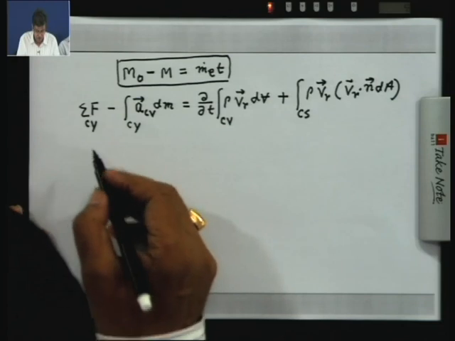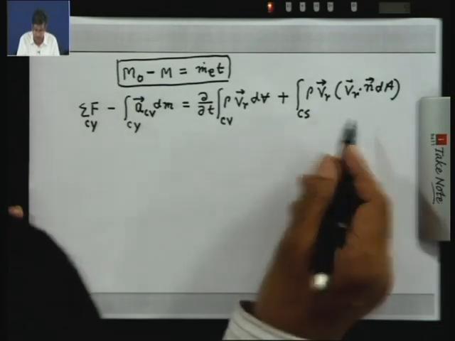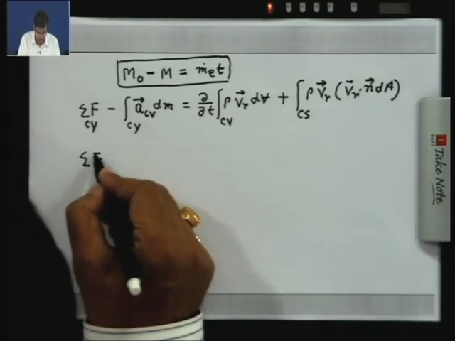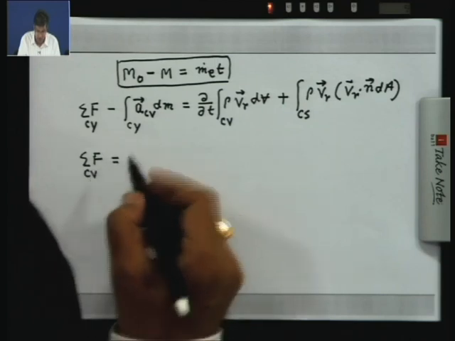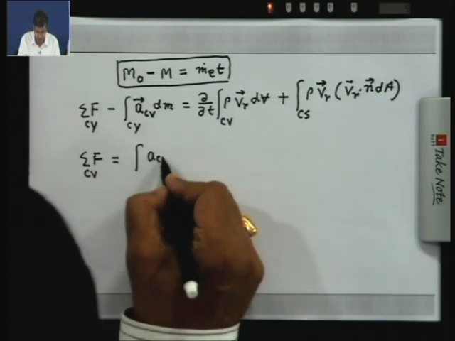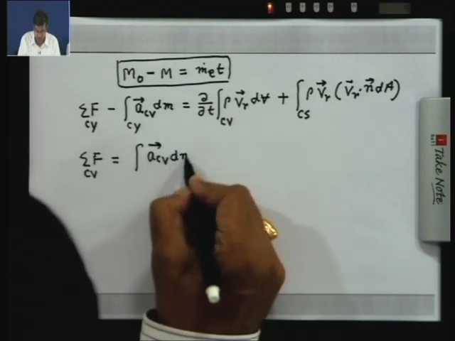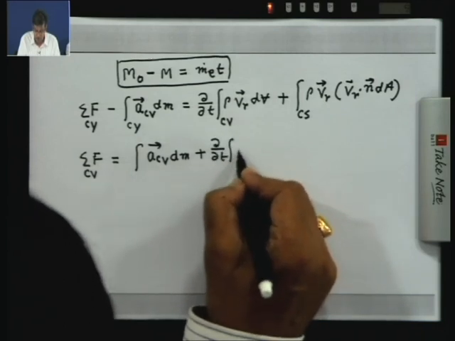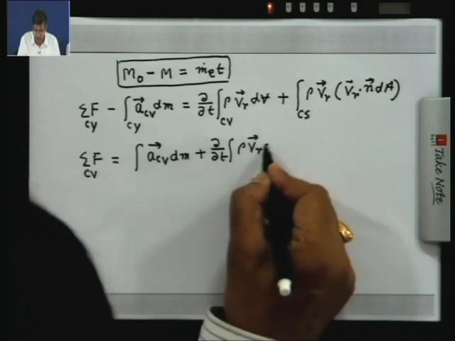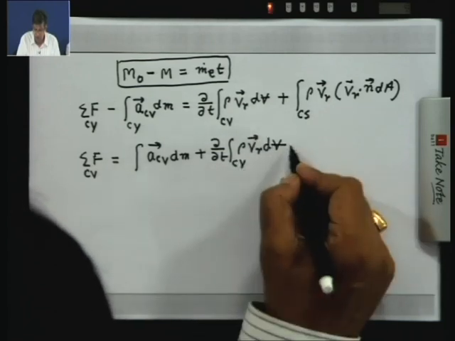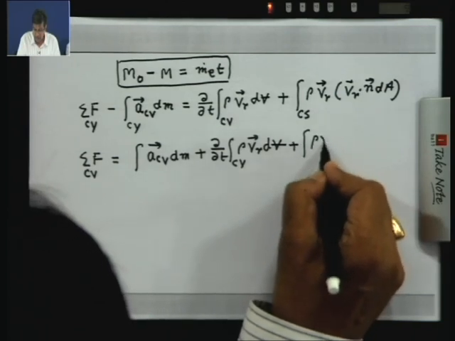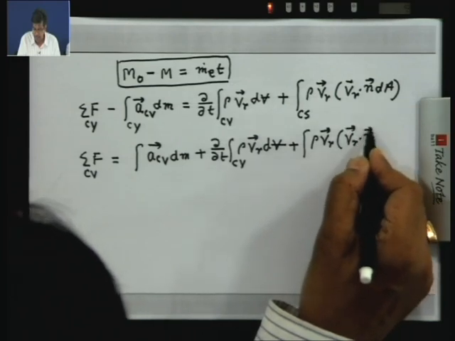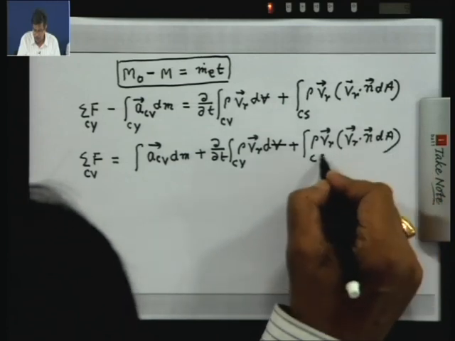Now here we take this side, the acceleration of the control volume, and write sigma F over the control volume is equal to, again I am writing again and again, the integral of a CV dm plus del del t of the integral of rho VR dV over the control volume plus the integral of rho VR VR dot n dA over the control surface, for your better understanding. We have time.